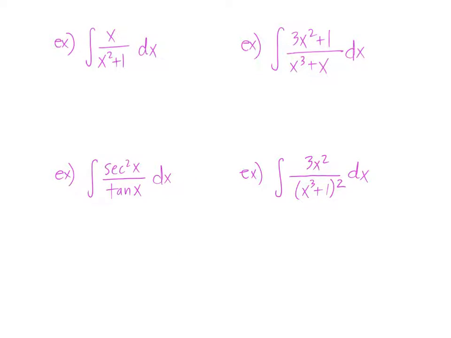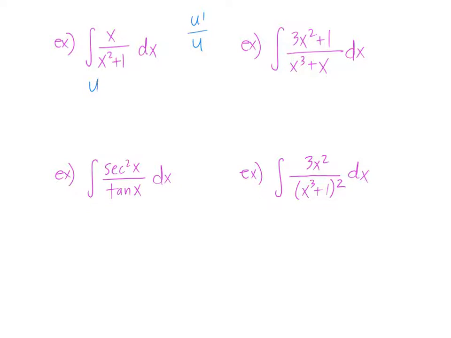Okay, so let's see some of the functions we can integrate now that we know this new rule. We're looking for du over u, or we're looking for u prime over u. That's our goal. So in a case like this, I don't have the denominator raised to the third, where I was going to do a power rule where the power was negative 3. I just have a function on the bottom to the first power.